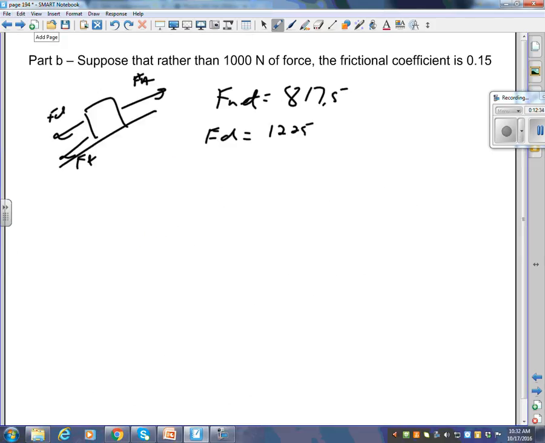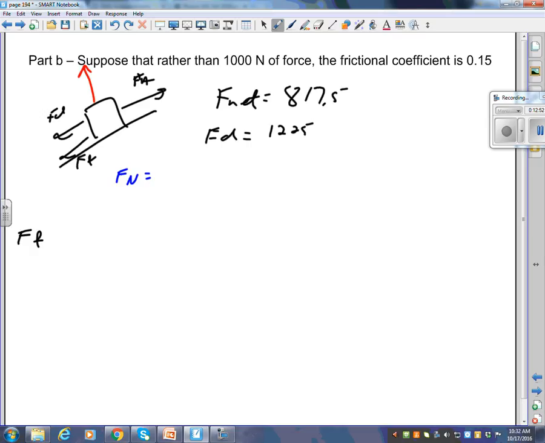But how do we find the friction force if the frictional coefficient is 0.15? You need the Fn, right? So we're going to do that. I'm just showing you this because you're going to run across this.